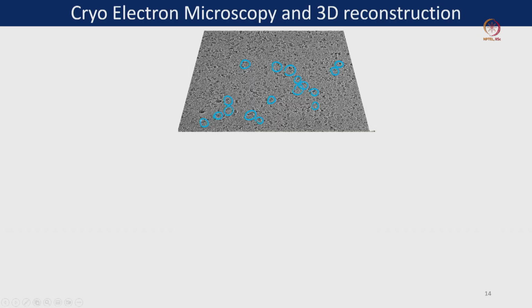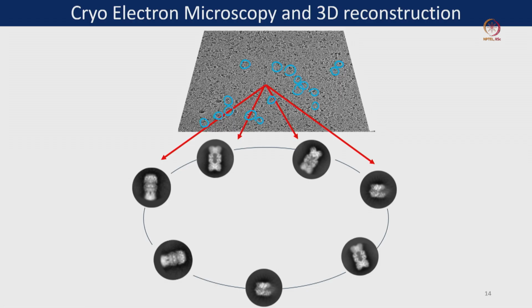Now if we go to the next step, we are calculating the 2D averages of those raw particles. We put similar kinds of particles together and calculate 2D averages.